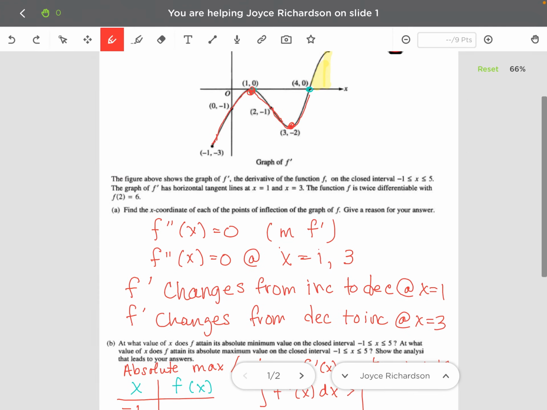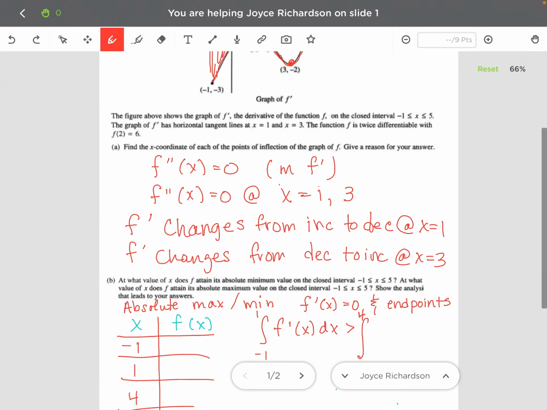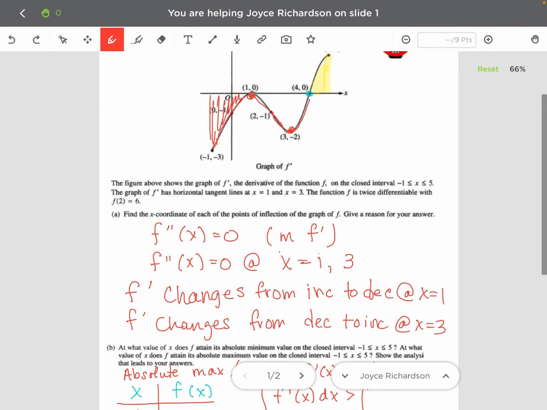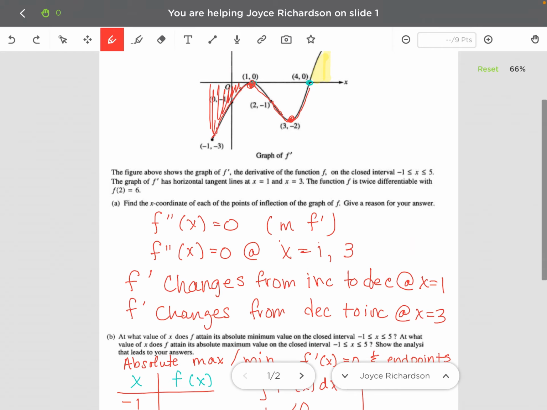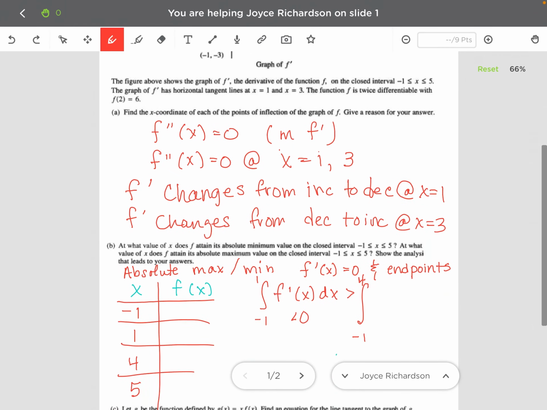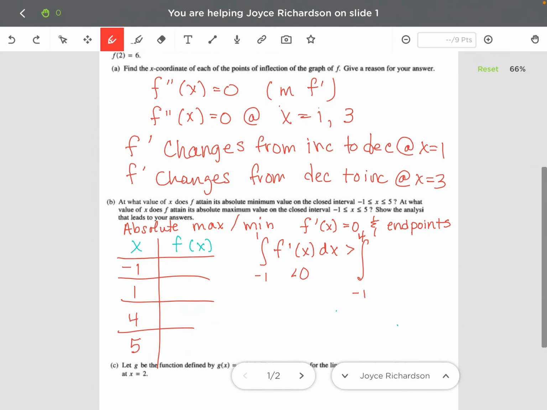So in other words, I have from -1 to 1, okay, that's one negative value. We know that that's going to be less than 0. However, we also know that this is going to be even more negative since I am decreasing. So we know that this is going to be that absolute minimum.